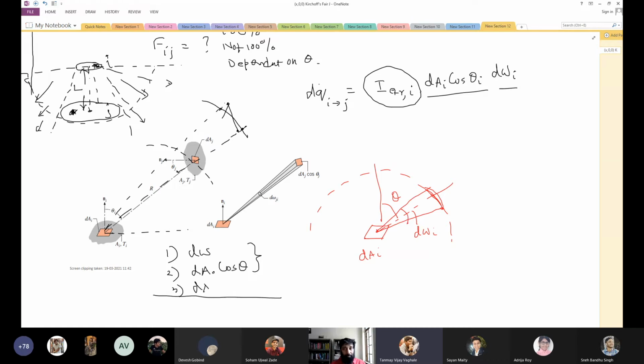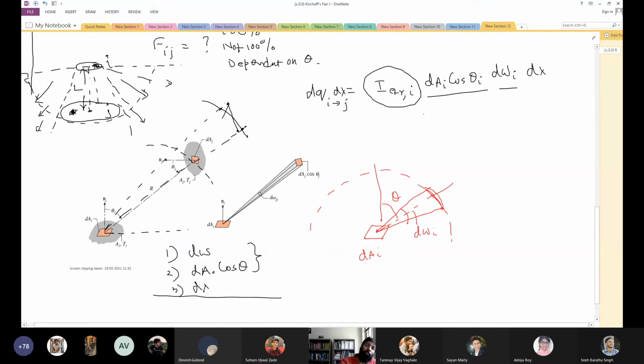Sir, why did we drop the term d lambda? You can keep it, but because we are talking about directional things, area and direction are the two important things for us. If I put d lambda, we just put some d lambda here, some d lambda here.